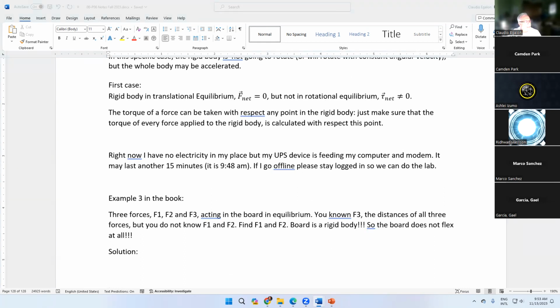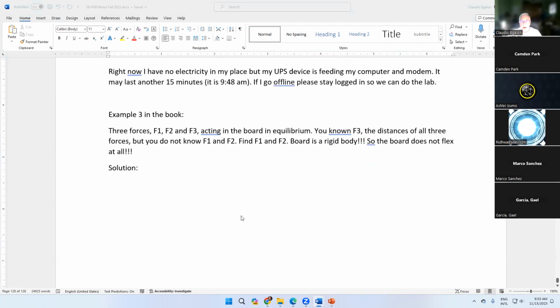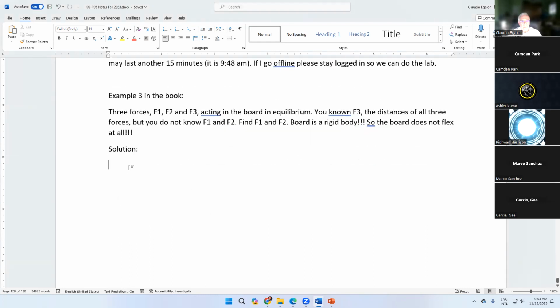So we start with the condition of translational equilibrium. The net force is F1 plus F2 plus F3. F3 is what I call the downwards weight.